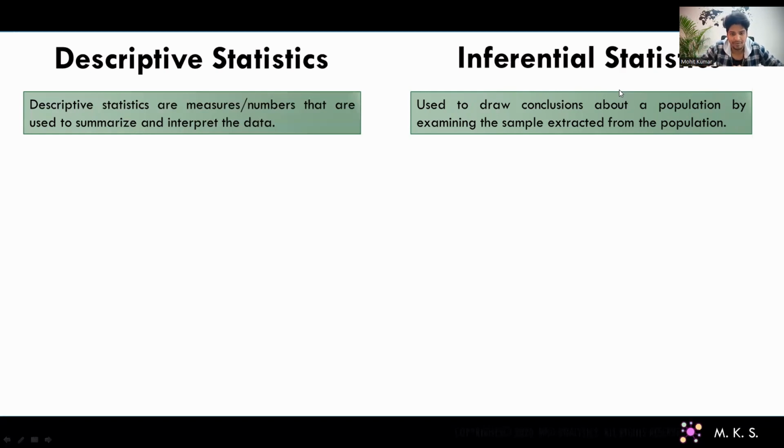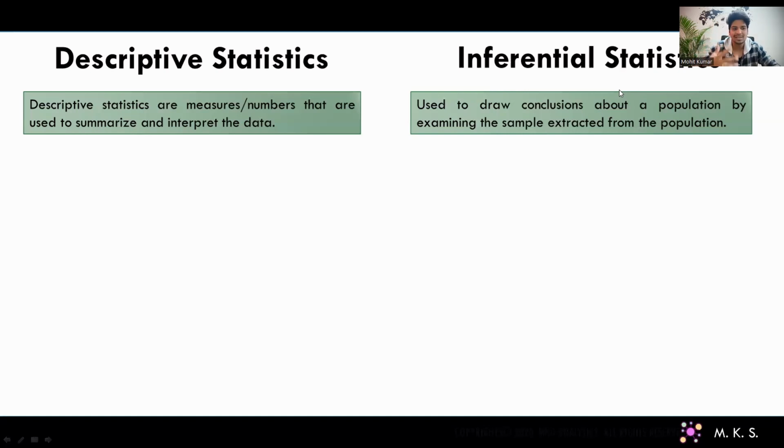In inferential statistics, we try to draw conclusions about the population by analyzing the sample which is extracted from the population. So the idea is to infer or make a decision about the population from the sample. I hope the definition is clear.